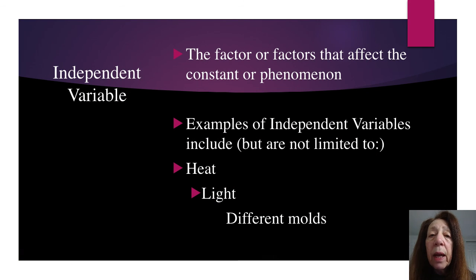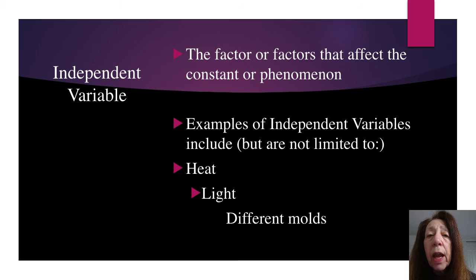The independent variable, though, does change. And that's the factor or factors that affect the constant. So independent variables could be, not limited to, but just to give you an example, heat, light, or different moles.